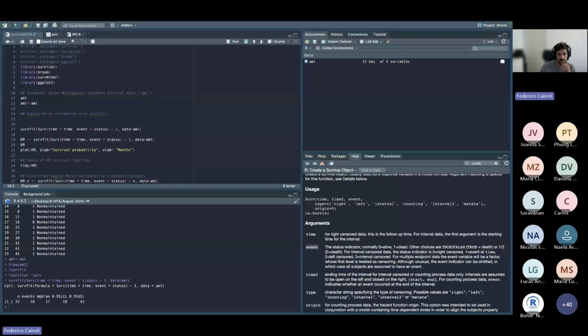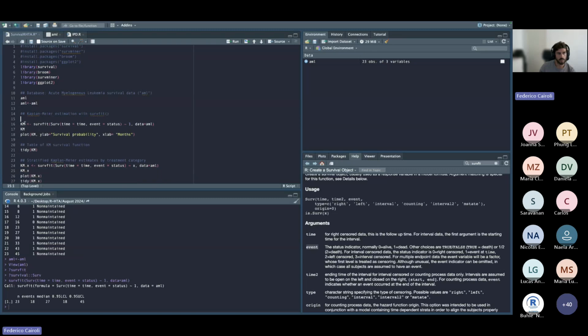And then the median overall survival, the same measure that I already explained when we saw this specific figure from the New England Journal of Medicine. And then the confidence interval around this specific median value.